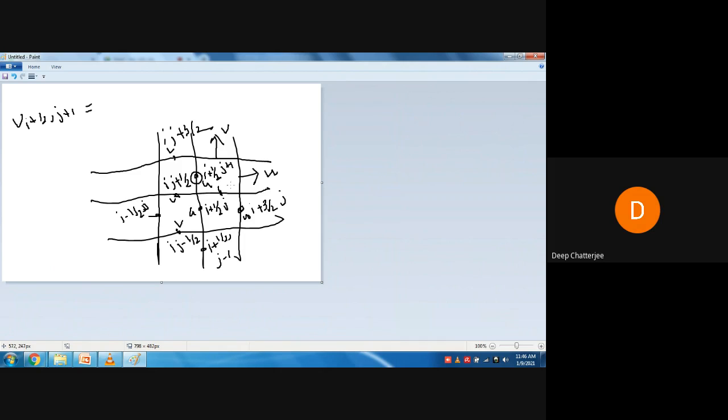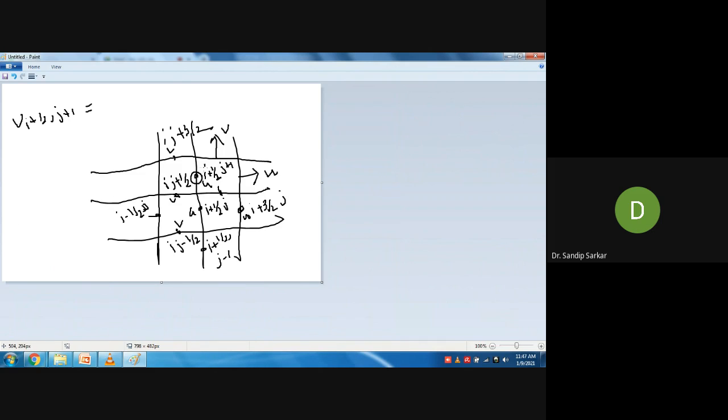Sir, can I ask a question? Yes. I didn't understand why v at (i plus half, j plus 1) is not available at that grid point. What is the staggered grid?